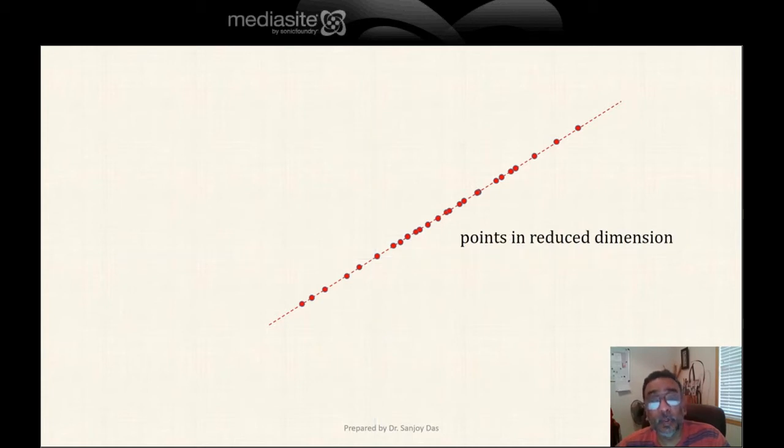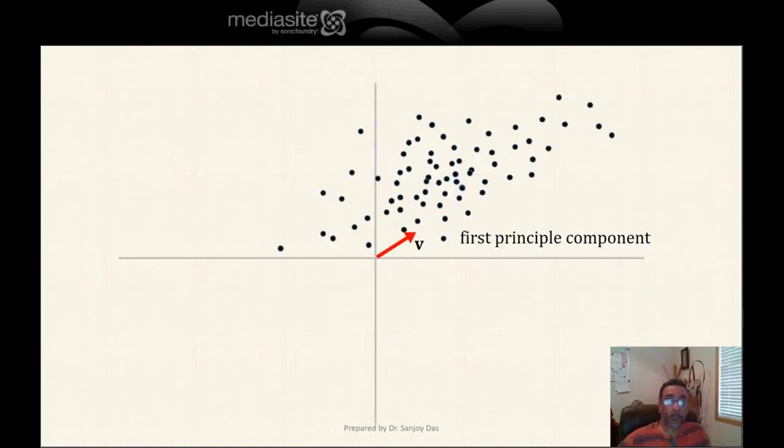And so these projections are the reduced dimension, which in our figure is simply one dimension. And so the V that we found is called the first principal component.